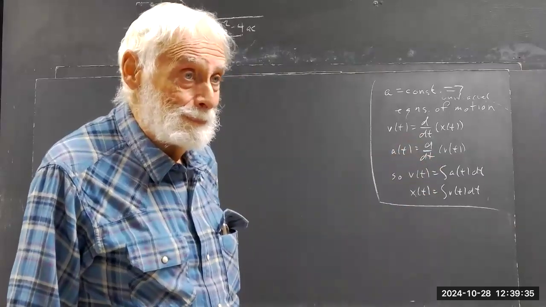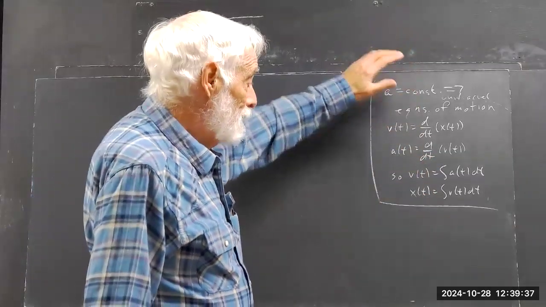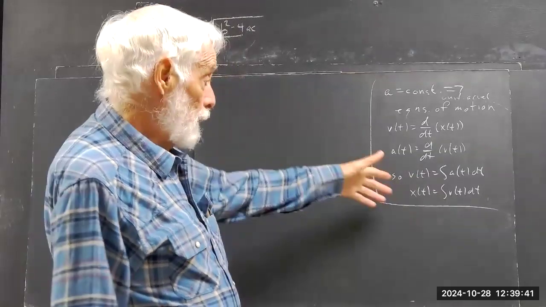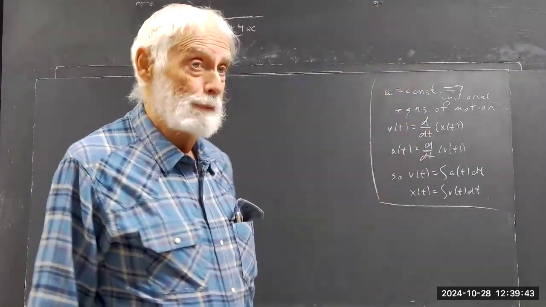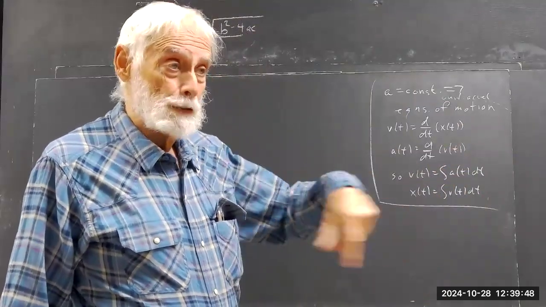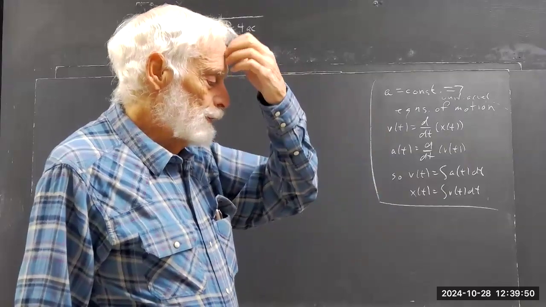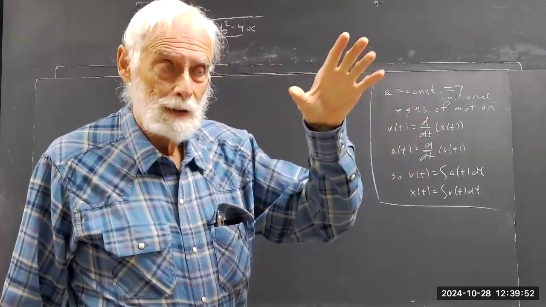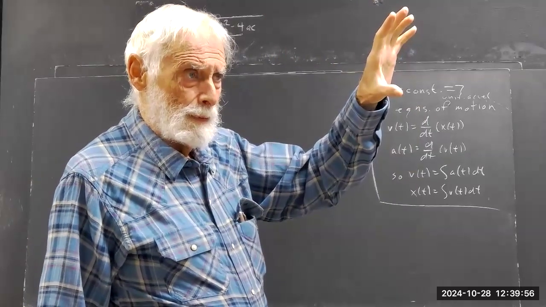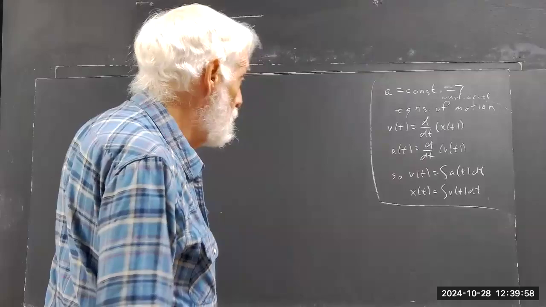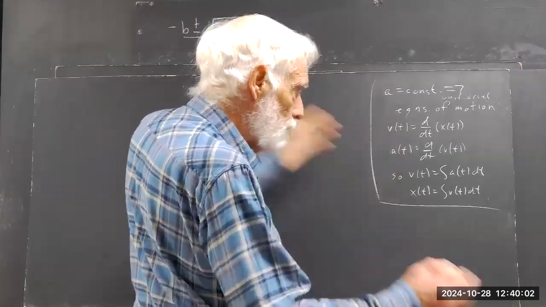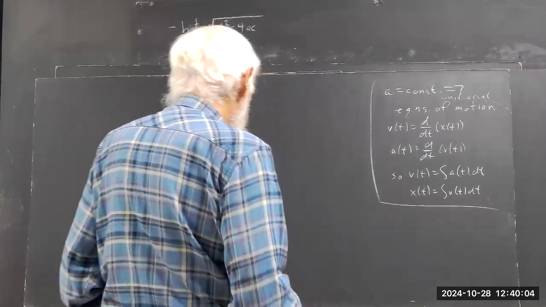You should know them. Again, all this we did almost from the first day. And we did the same thing with omegas and alphas and thetas for rotation. And you need to understand rotational motion, at least to the extent that it's done in chapter 3. So all this is just general knowledge.